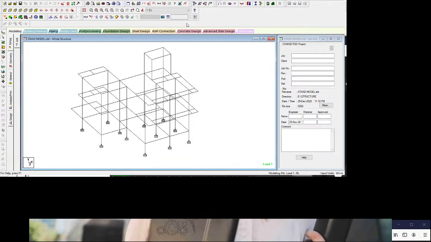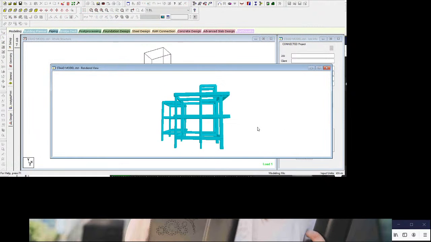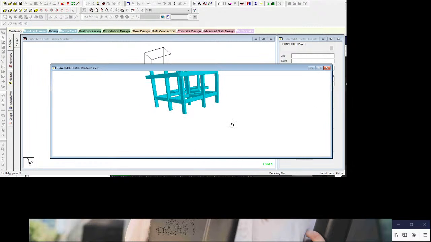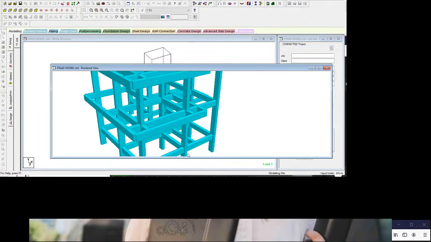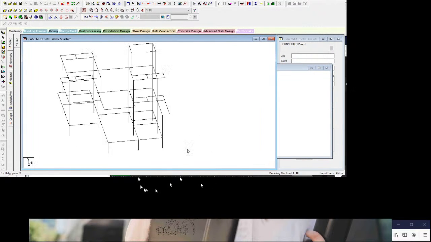Okay, so let's see how the load will transfer. You can see here, I will show you the rendered view. This is the same as you told, this is a cantilever, and this is column to column and column to beam connection, right? And here we are providing some beams, but you said if we don't want to provide a beam here, how will the load be transferred and distributed?